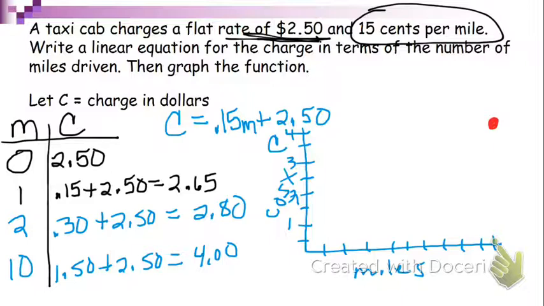If you go less than a mile, 0, you got to start at $2.50. And then 1 is $2.65, so that's $2.50, just a little bit above it. Man, this is not to scale very well. Maybe I should throw in some other numbers.